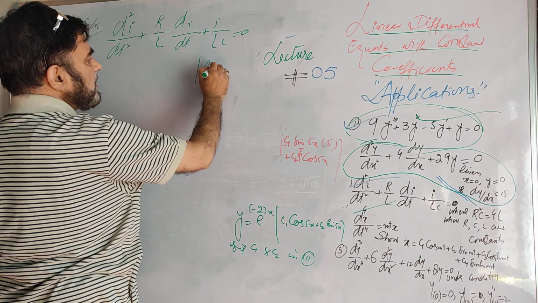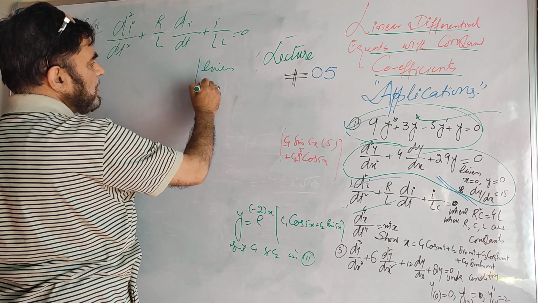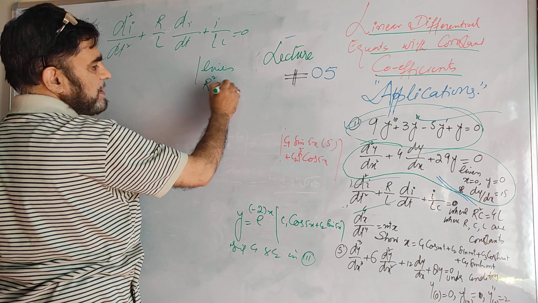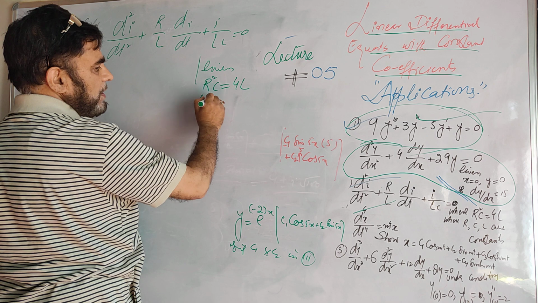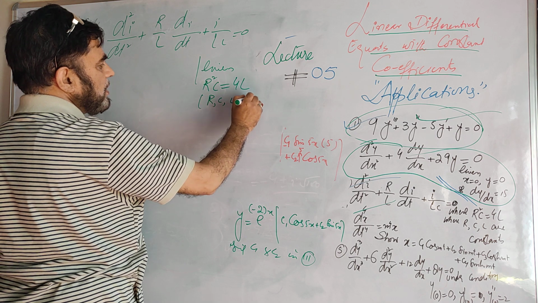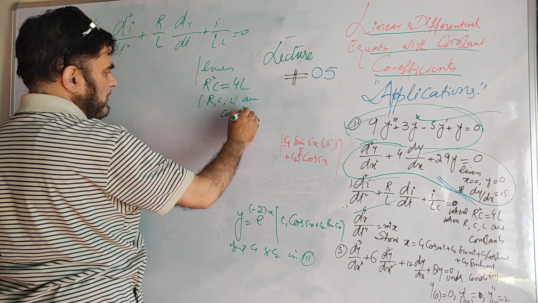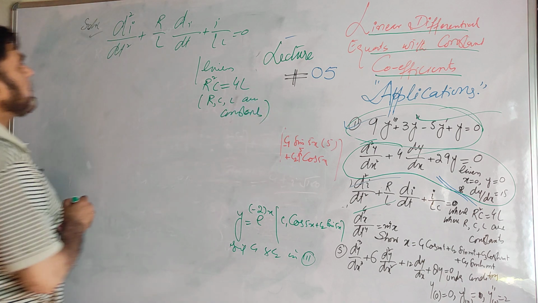You are given something here. Given is R square C is 4L, and R, C, L are constants. You have to solve this differential equation.